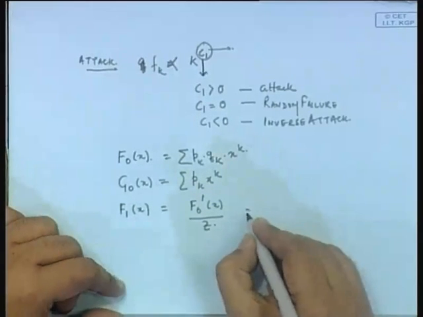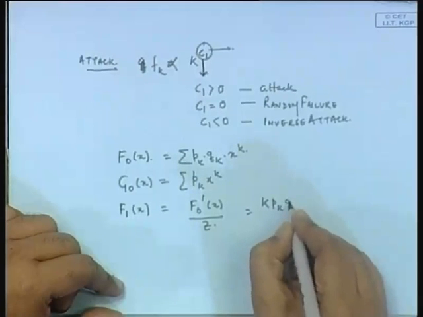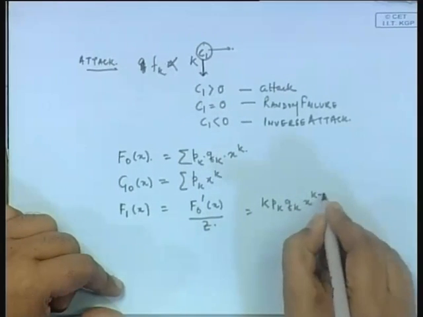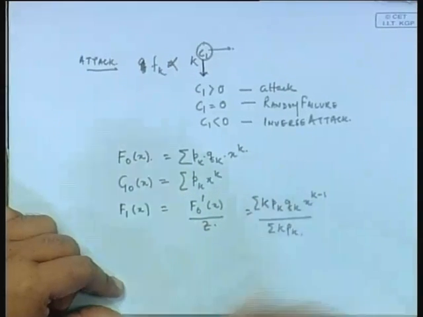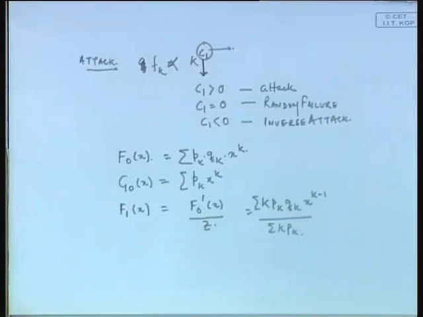So that is summation k pk qk x to the power k minus 1 by summation k pk. The concept is that I have removed some nodes, but think of those nodes as off, so the edges go and everything goes.